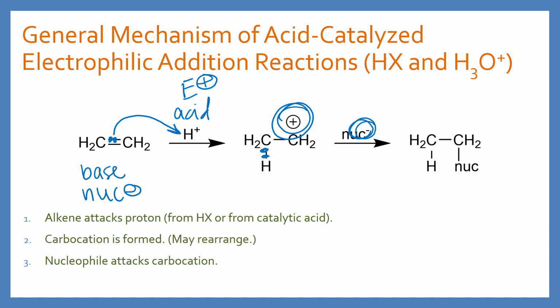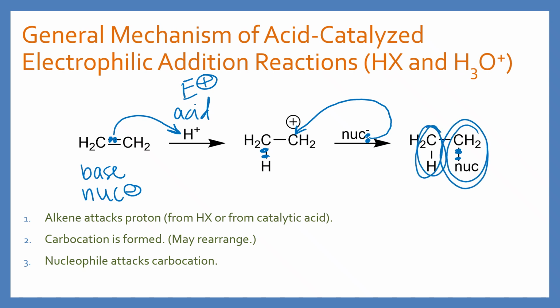And there is one rule that you'll hear me say a lot in organic chemistry, which is that minus likes plus. Anytime you have something negative and you have something positive, they are going to come together. So this nucleophile will have a lone pair, and it's going to make a bond to that carbon. So those electrons end up here. And this is how ultimately you end up with the hydrogen on one carbon and the nucleophile on the other.